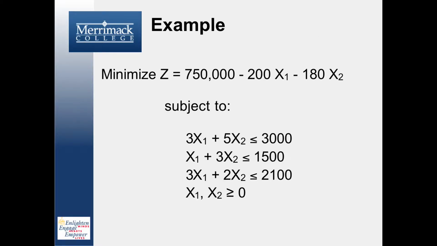So here's an example of a minimization problem, and I want to minimize this value subject to these constraints. Now I can do this graphically because I only have two variables here, x1 and x2.